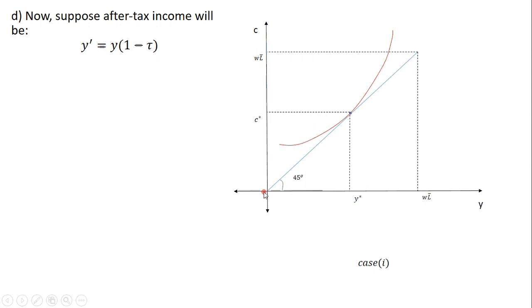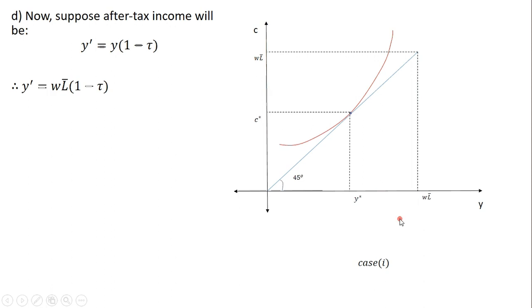This is the initial case where there is no tax, but if there is tax, then your income for consumption must reduce. So y dash is equal to W L bar minus tau, because y is equal to W L bar, and I substituted this in here.